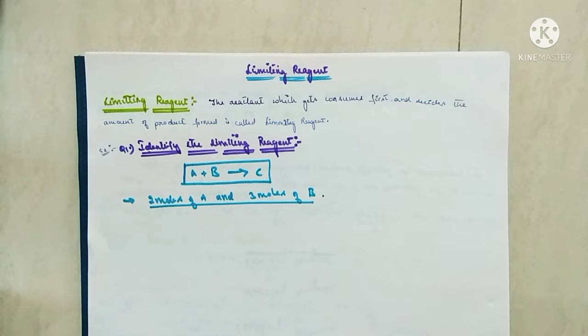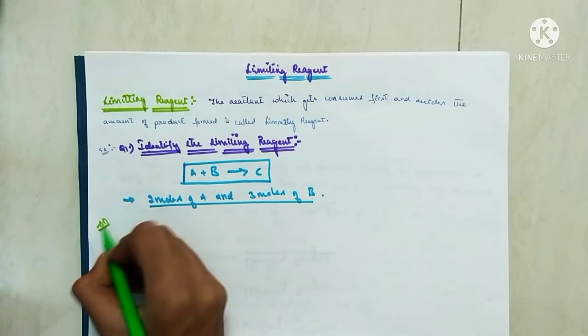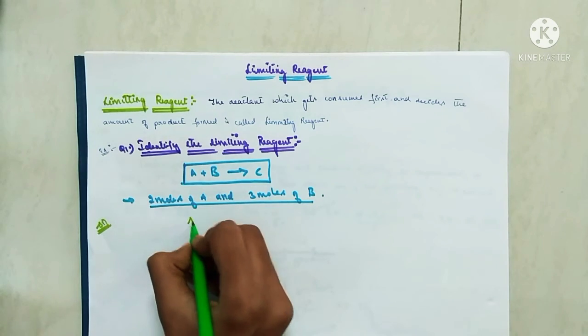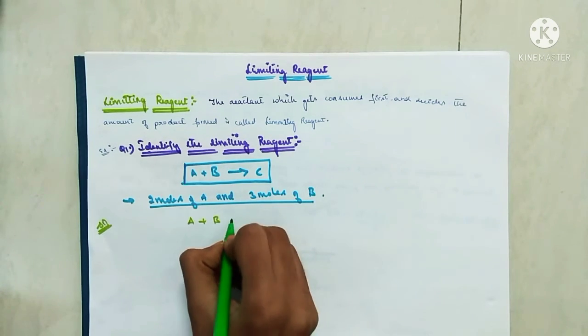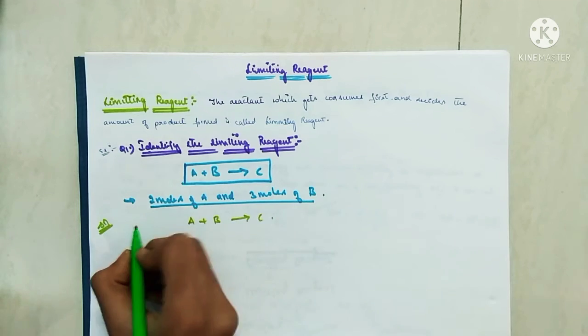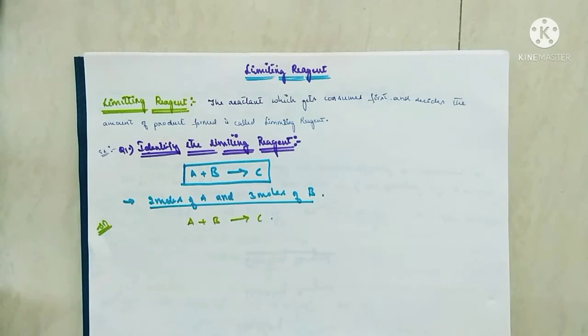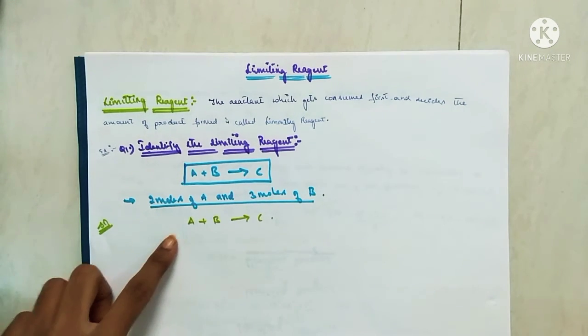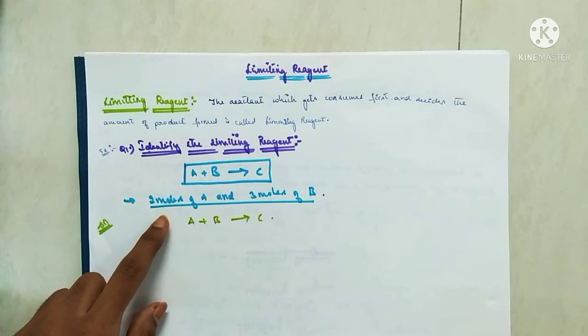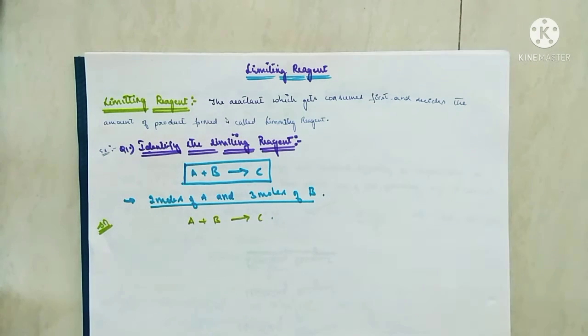So the trick to solve this problem is, first write the equation, and now just note the stoichiometric coefficients of the reaction. What is the stoichiometric coefficient of A?